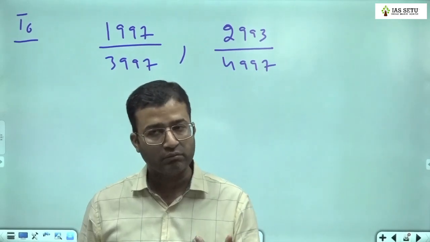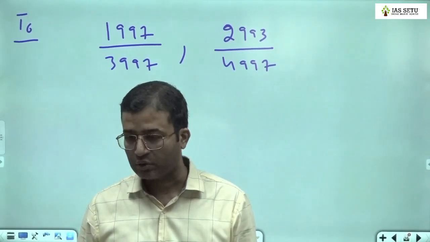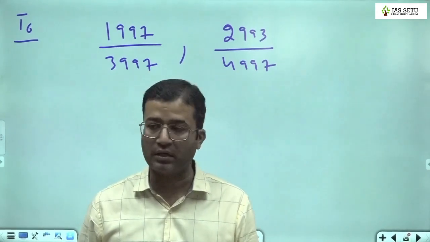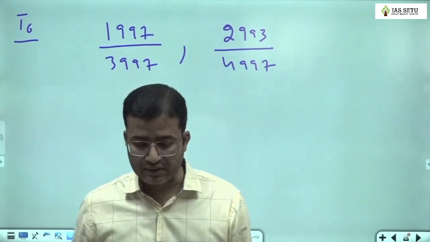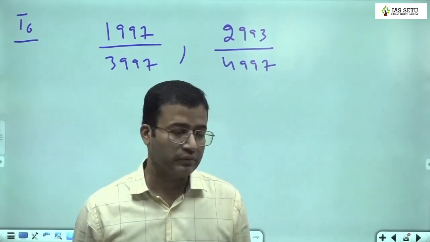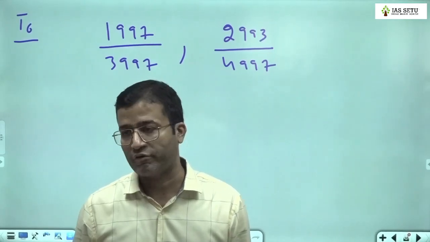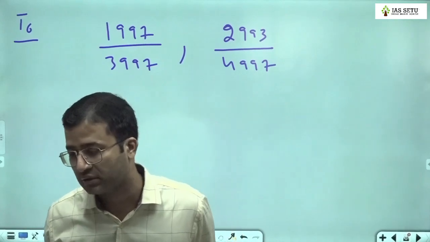It is applicable for small fractions. क्योंकि फ्रैक्शन अगर बड़ी वैल्यू है तो हम मल्टीप्लाई नहीं कर पाएंगे. Cross multiplication method is having limited application. We can use it for small fractions. छोटी वैल्यू के लिए तो यूज हो जाएगा, बड़ी वैल्यू के लिए नहीं.